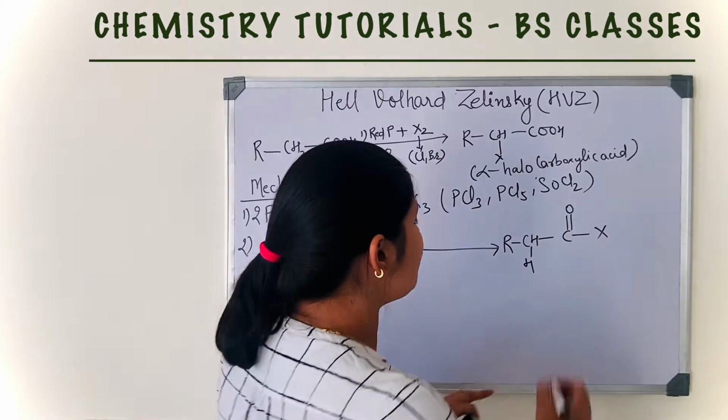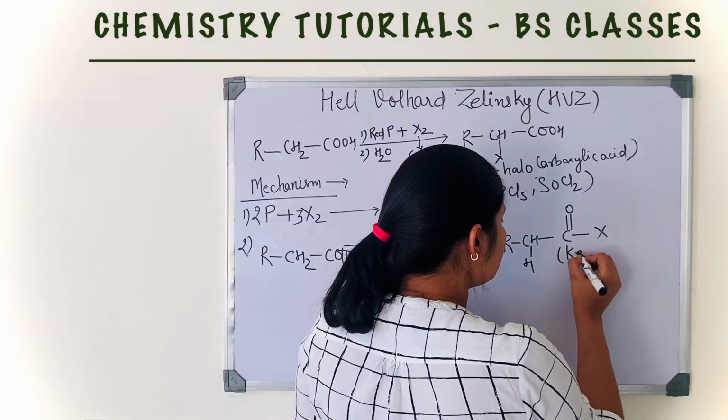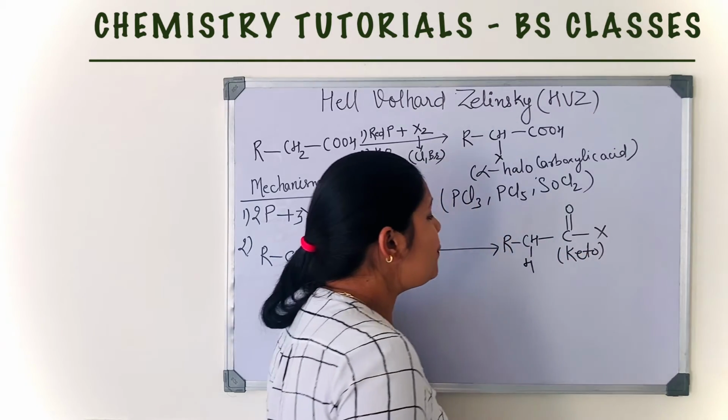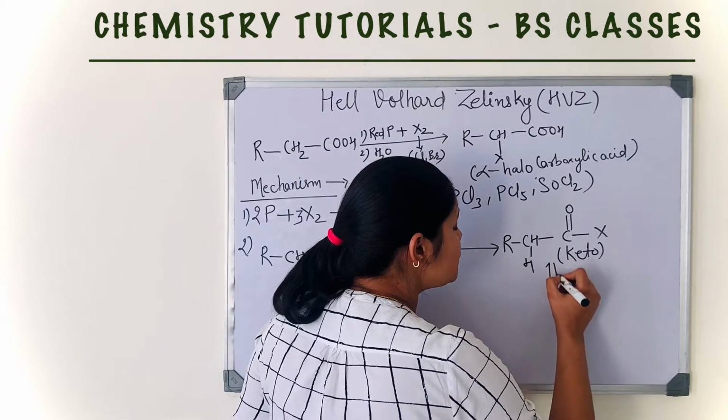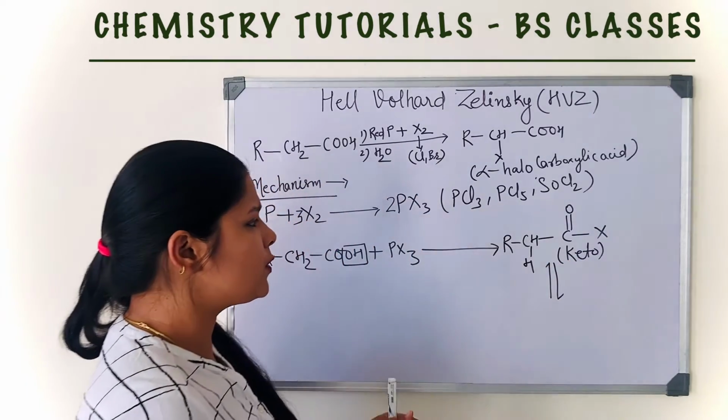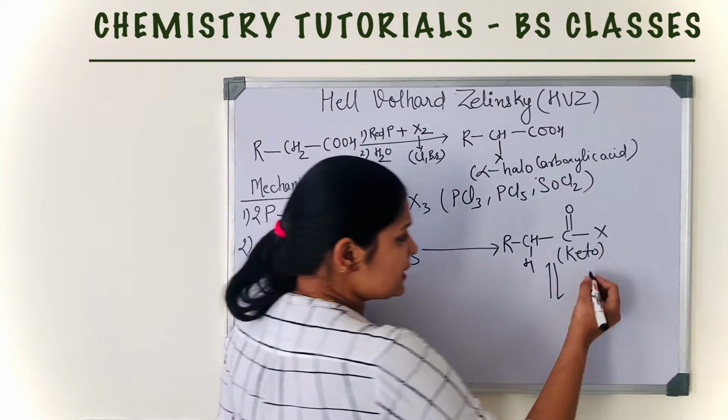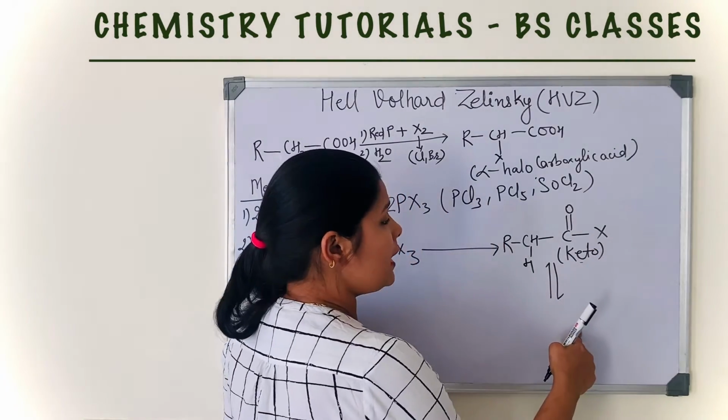This is keto form. Here the very important point is tautomerization. Tautomerization is nothing, only the transfer of proton. And this keto form will convert into enol form.